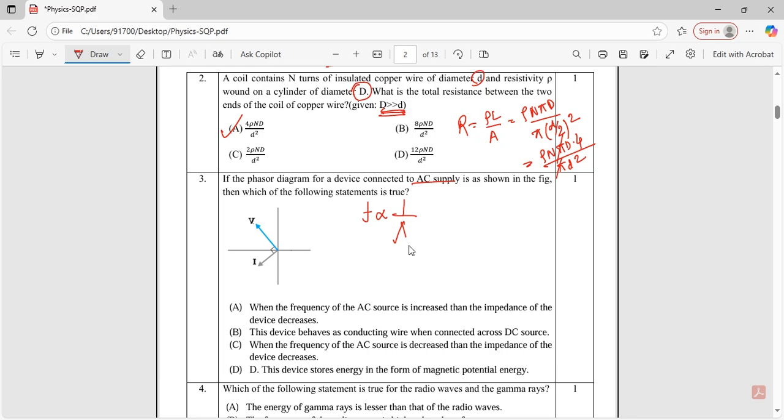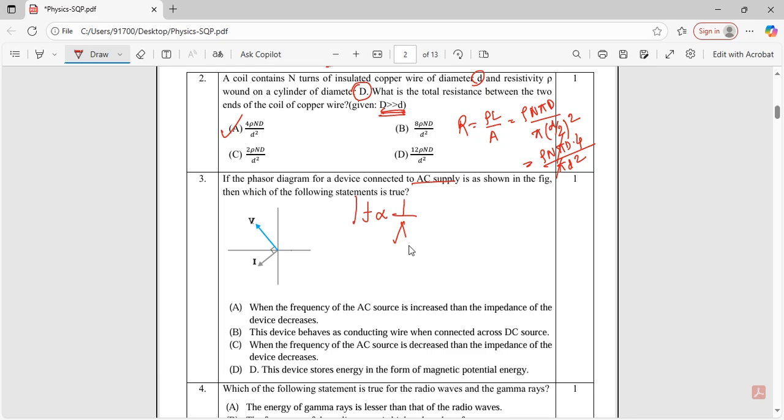Here the current leads the voltage, so the given appliance is a capacitor. So when the frequency of the AC source is increased, the impedance of the device decreases.